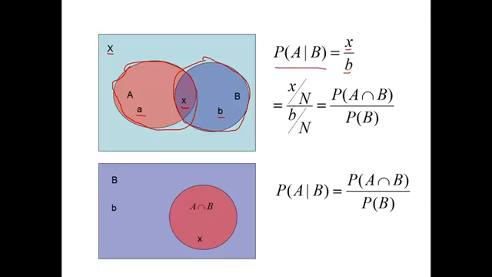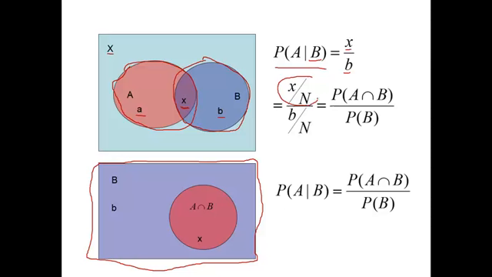Now, it's as if we've shrunk the whole sample space down to here, by this condition that we know B has occurred. So x divided by b is the probability of A given B. Now, we can do some algebra on this.